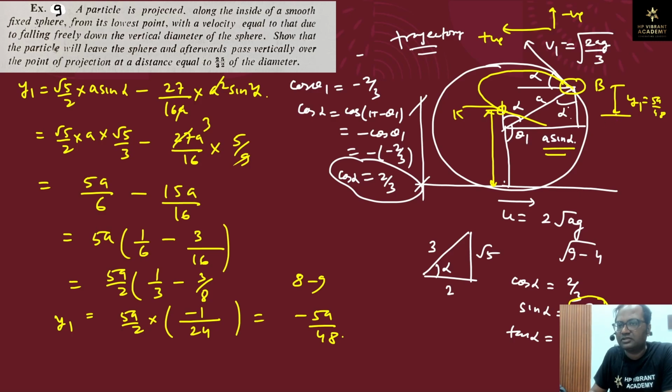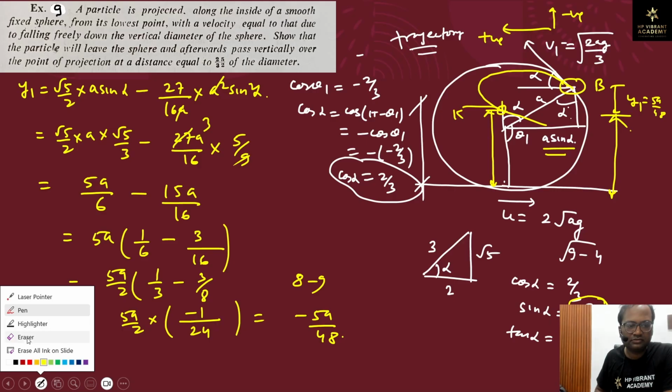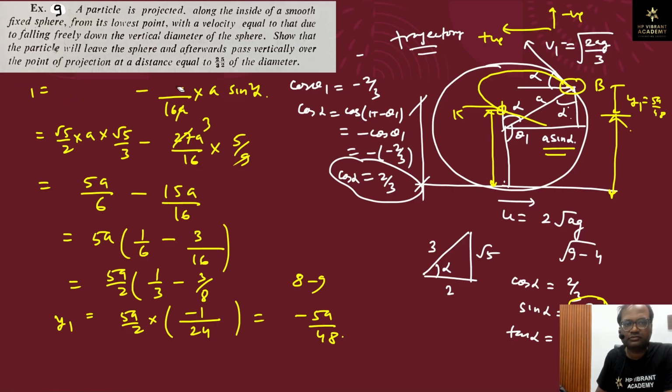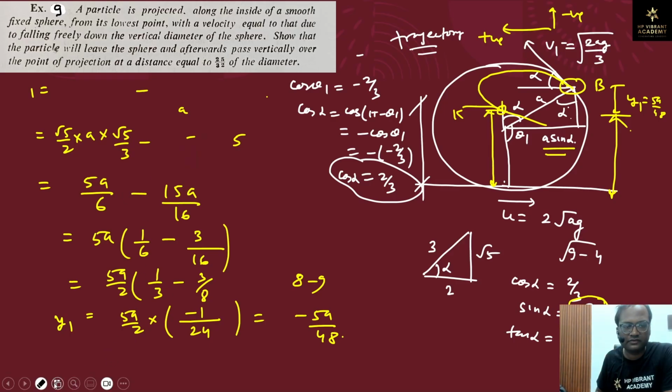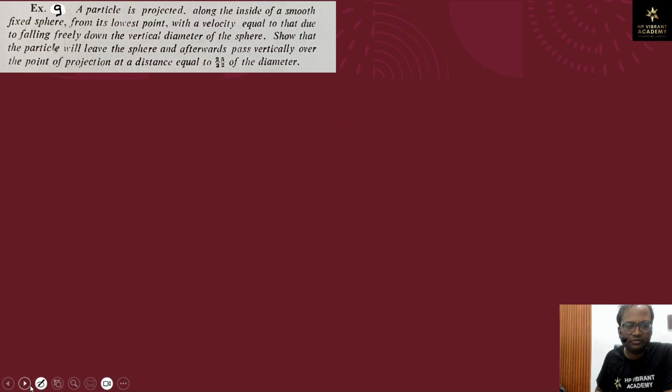So we have to calculate this particular distance. Let us find this. I will draw this again. We have y1 is equal to 5a upon 48.